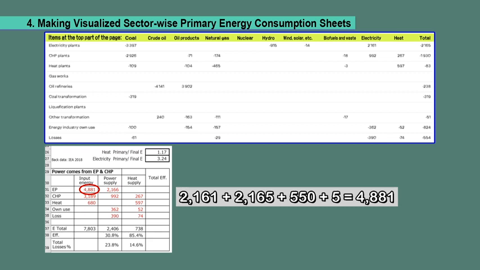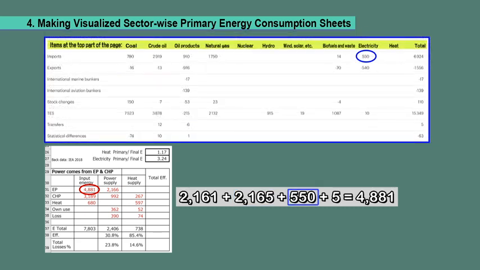What is the source of these values? Serbia's case is very complicated. All three types of plants, such as electricity plants, CHP plants, and heat plants exist. The output from electricity plants is 2,161. Energy lost by conversion is 2,165.